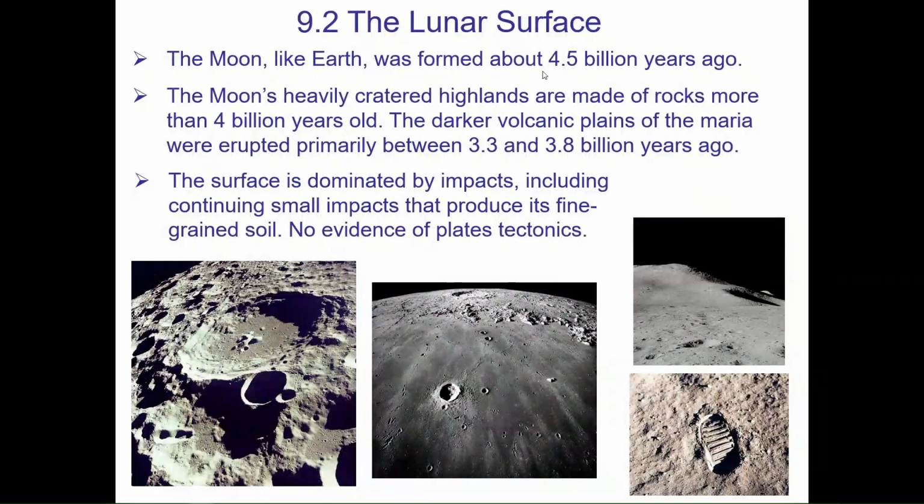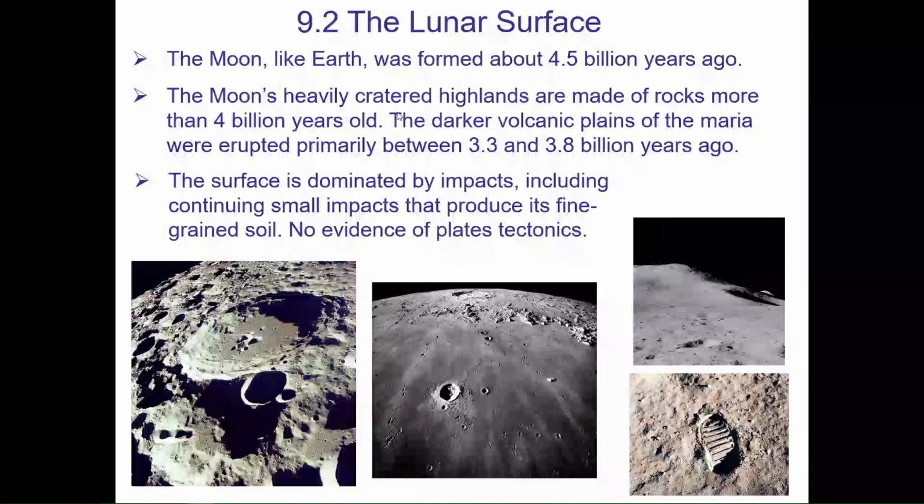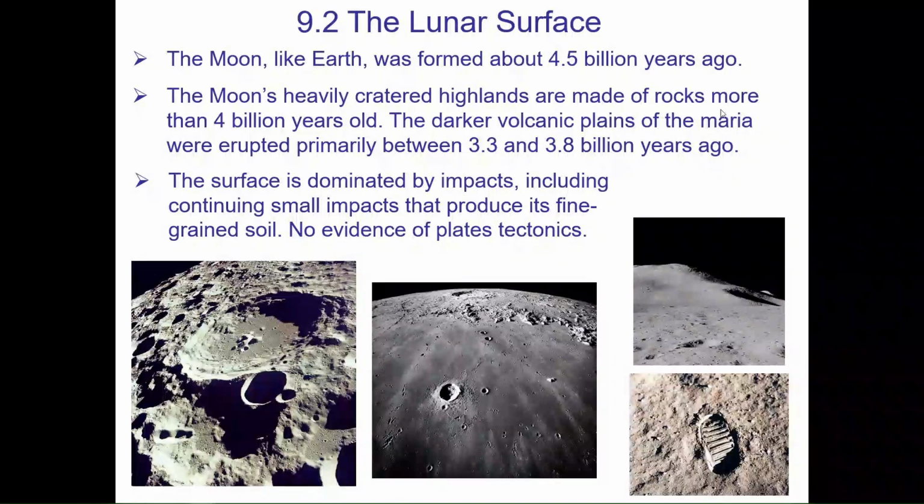By doing that, we estimate the moon, similar to Earth, was formed about 4.5 billion years ago. And the rocks from the heavily cratered highlands are older. They are more than 4 billion years old.